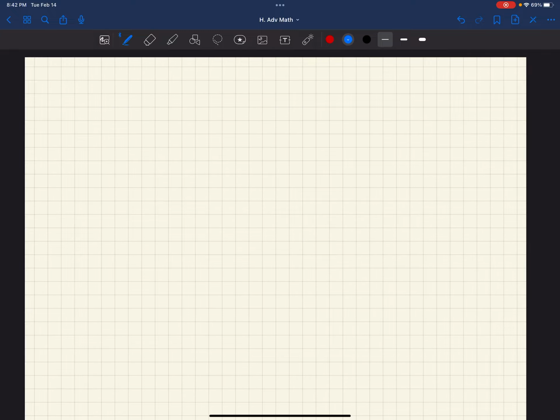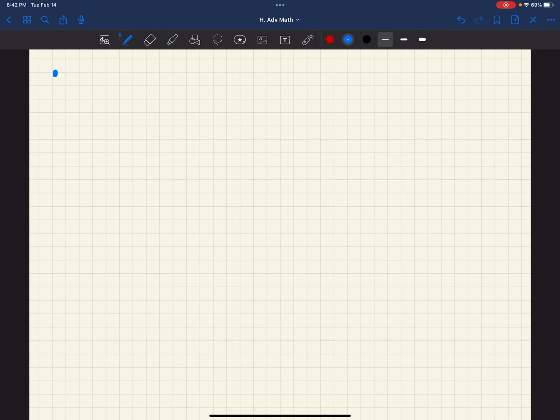Okay, so second part of these notes. Verifying inverses. So you guys already know how to solve for an inverse now, but how do you verify inverses?